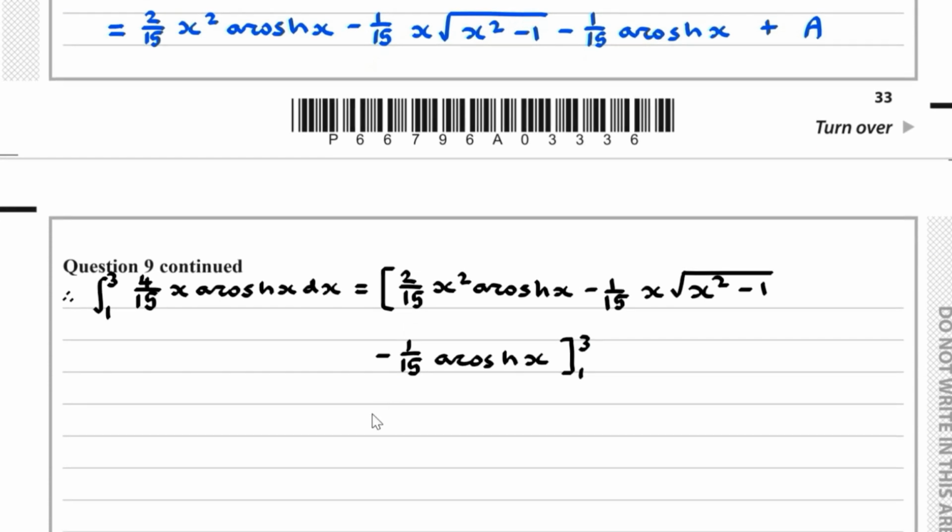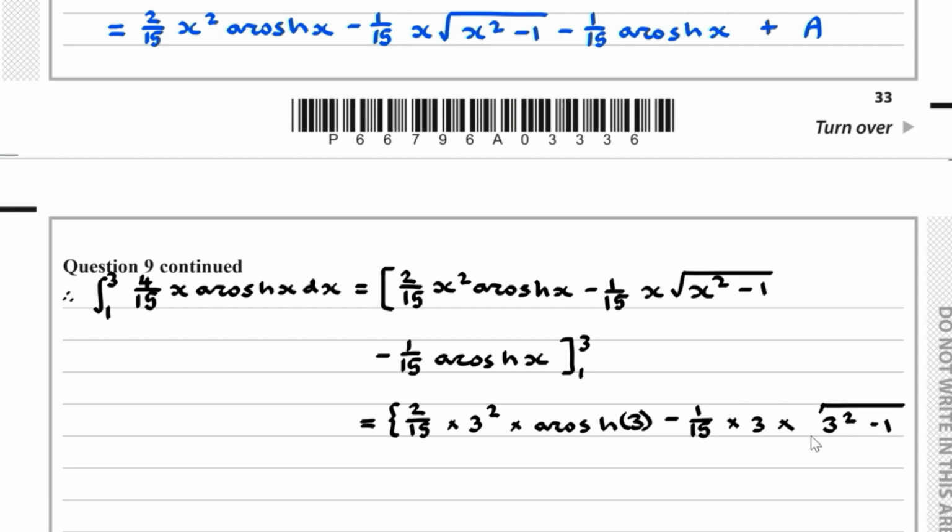Now let's substitute in for our limits. For our upper limit, we've got 2 over 15 times by 3 squared times by the inverse hyperbolic cosine of 3 minus 1 over 15 times by 3 times by 3 squared minus 1 square rooted minus 1 over 15 times by the inverse hyperbolic cosine of 3.